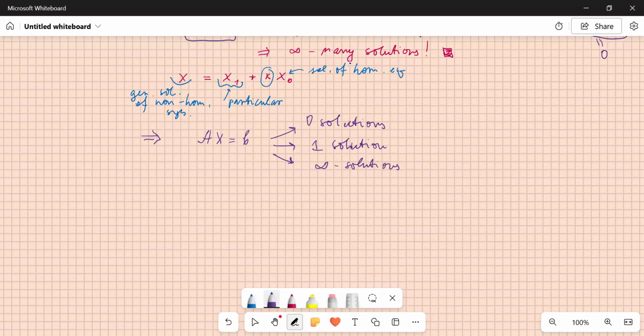So there are just 3 options. No solutions when the system is inconsistent. 1 solution: we remember that a 2 by 2 system, for example, describes 2 straight lines. They intersect in 1 point. That's 1 solution. And 2 lines can coincide, intersecting in infinitely many points, infinitely many solutions. We don't have any other options like 3 solutions or 15 solutions. Okay, so that was my first theorem.